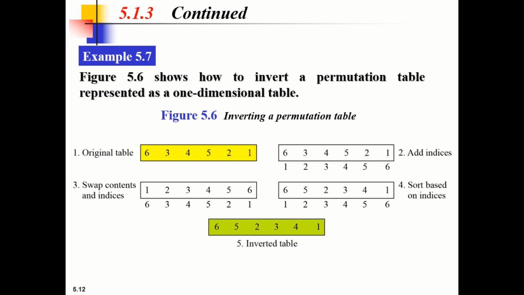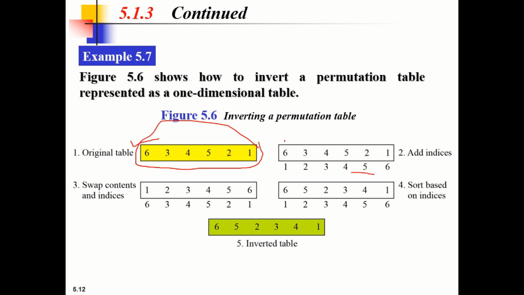It is showing the inversion of a permutation table. This is the same process, if you remember, that we did in transposition, where we found out the key for the decrypting end. So that is the same thing over here. Say for example, this is the original table we have at the encrypting end. To find out the value of this particular table for the decrypting end, what do we do? We add indices first of all.